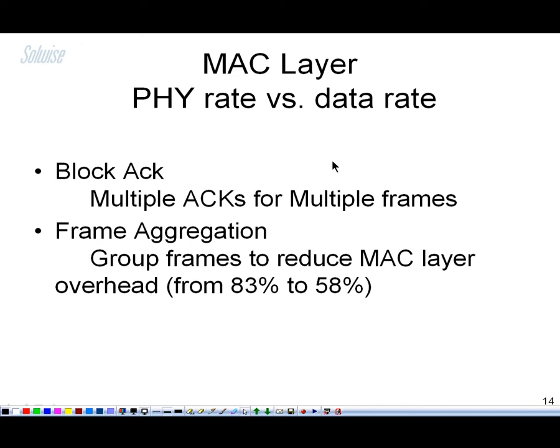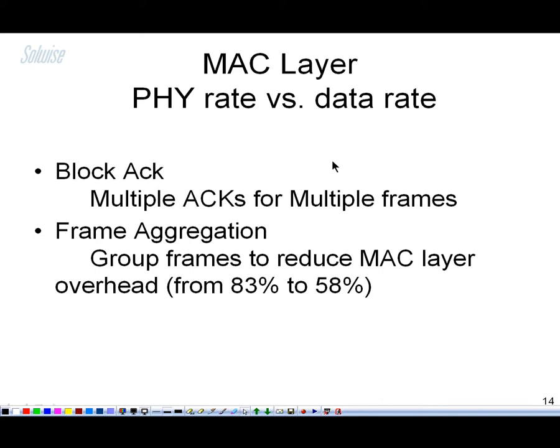Now, with 11N technology, they've come up with this thing called a block acknowledgement, which allows the 11N transmitter to send multiple frames and for the receiver to send back multiple acknowledgements in a single burst. So that dramatically improves the throughput because you're not waiting for those individual acknowledgements to come back.